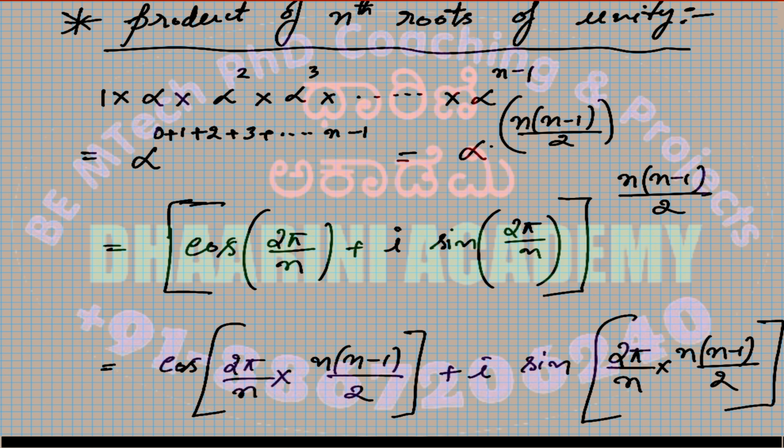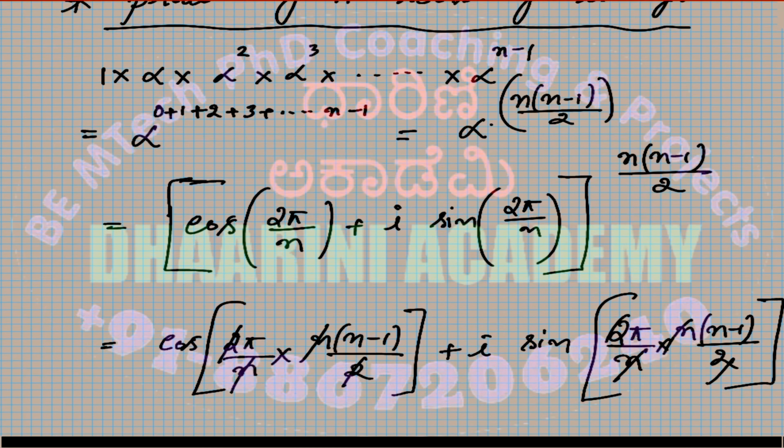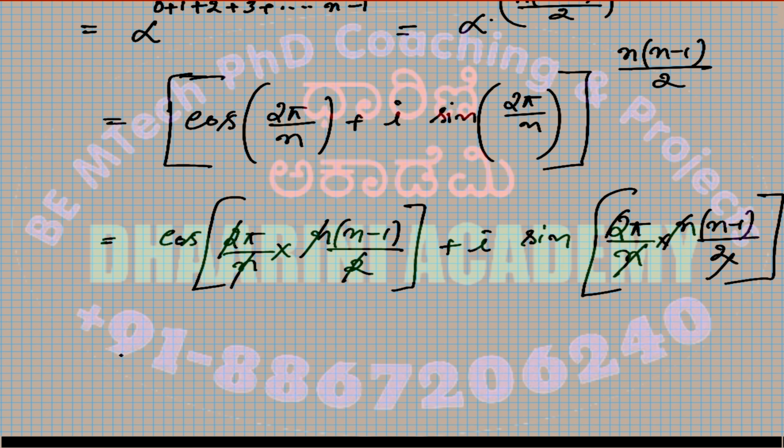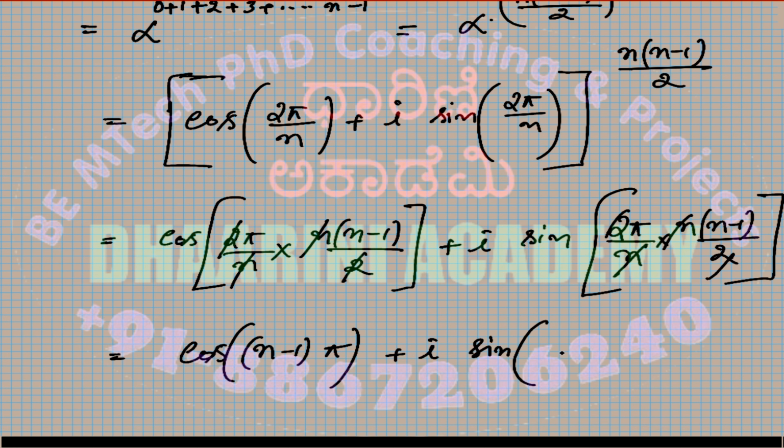So we can see that the n cancels, 2 will cancel. So 2 cancels, n will cancel. So after cancellation, the simplified term should be cos of n minus 1 into pi plus I times sine of n minus 1 into pi.